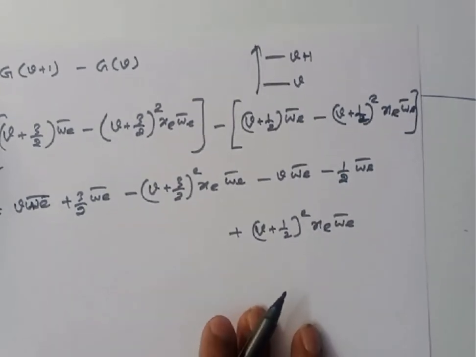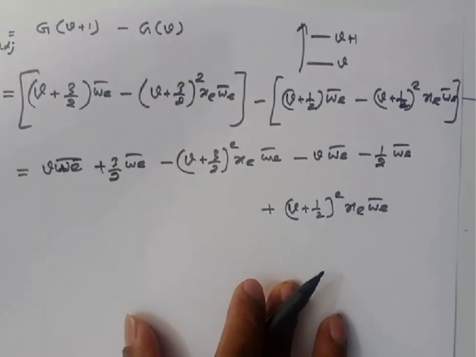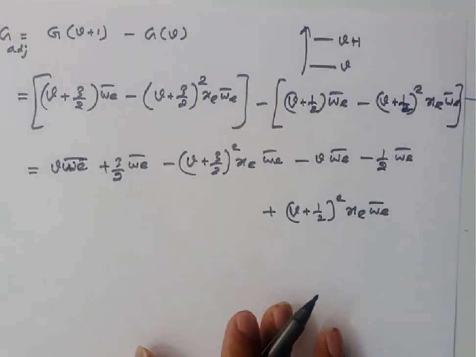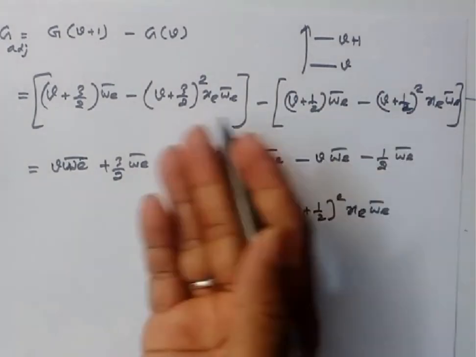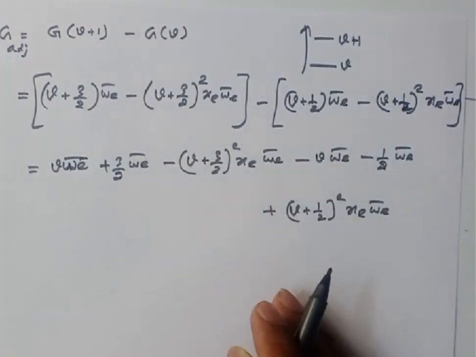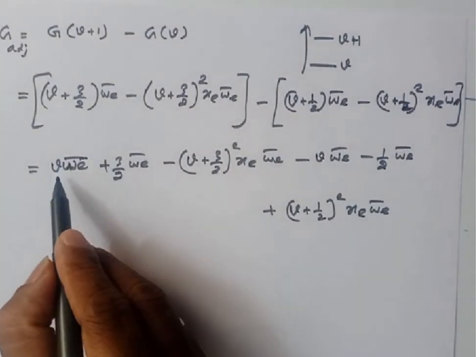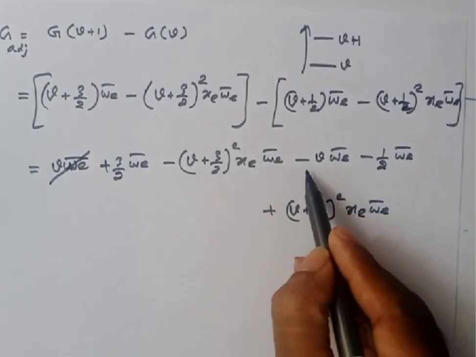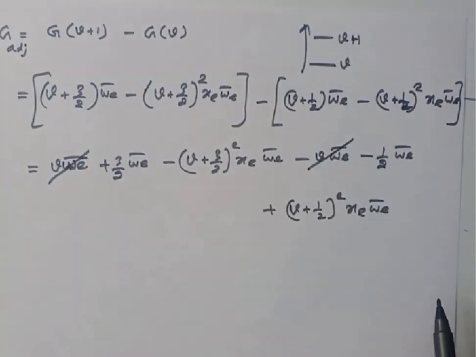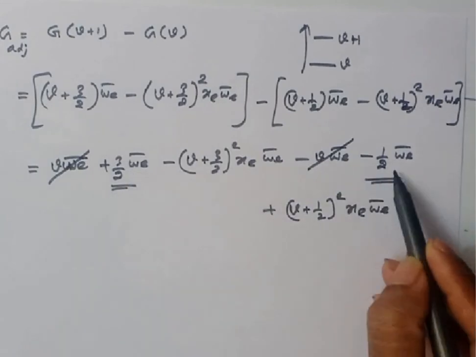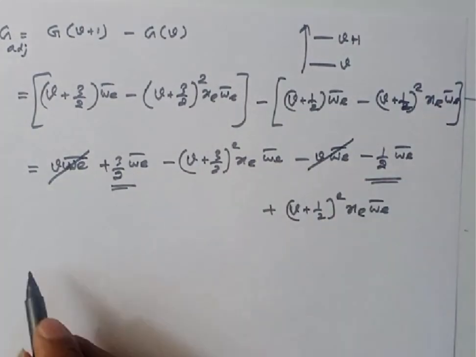Observe this carefully, students. It's a very simple one. I'm not doing any big integration or differentiation, just applying simple 8th standard mathematics. Here this is plus v omega_e bar and this is minus v omega_e bar. They cancel. Then we have plus 3/2 omega_e bar and minus 1/2 omega_e bar. If I subtract, I'll get omega_e bar.